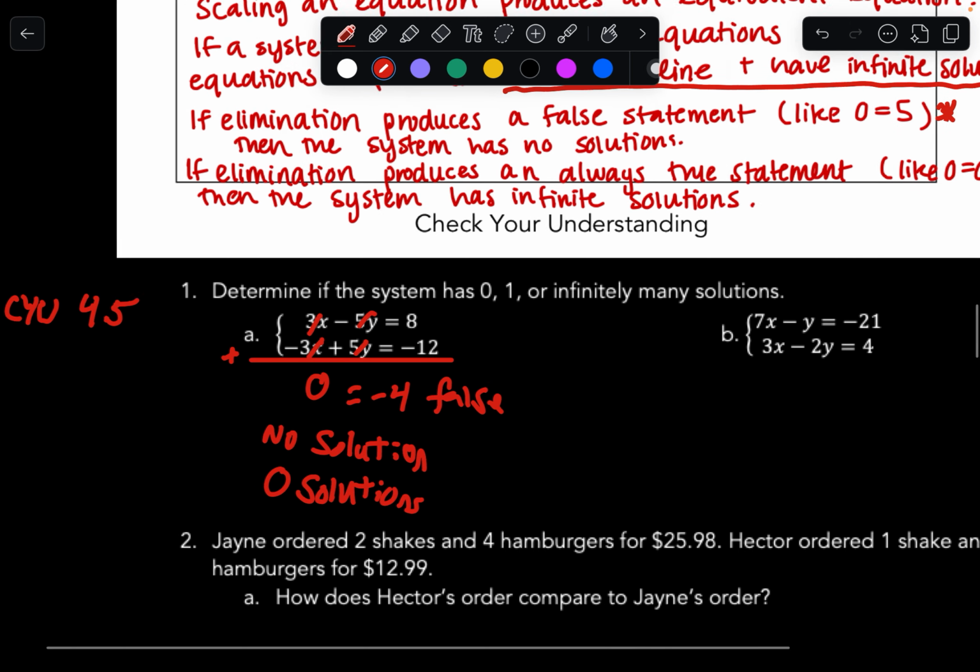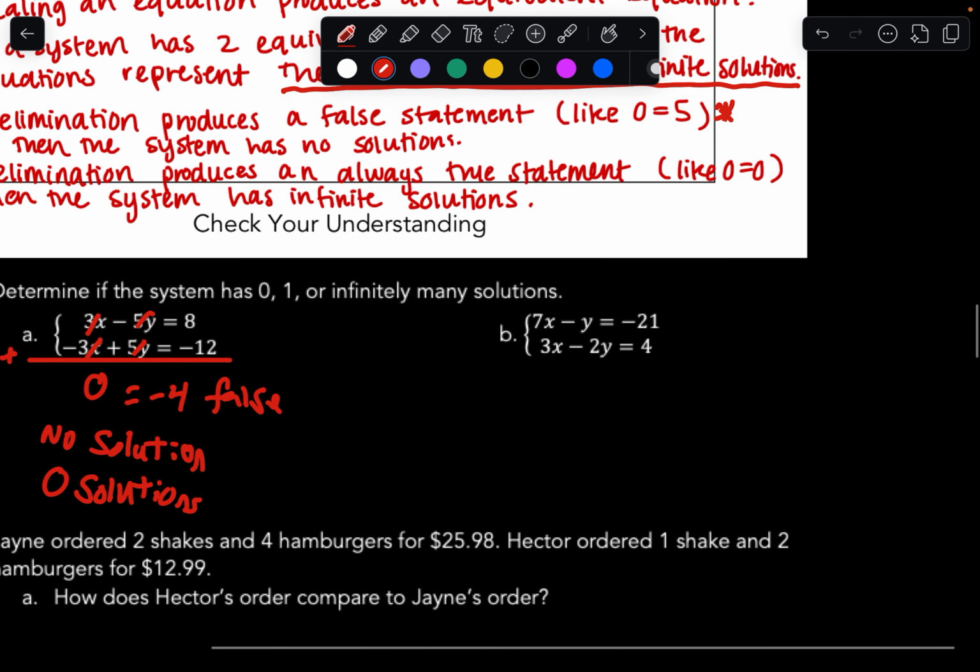Okay? In this case, you can pretty well tell that you're going to have one solution. They have to cross. Why? Because this top piece is not a multiple of the bottom piece on the left, right? You can also look at the slope.